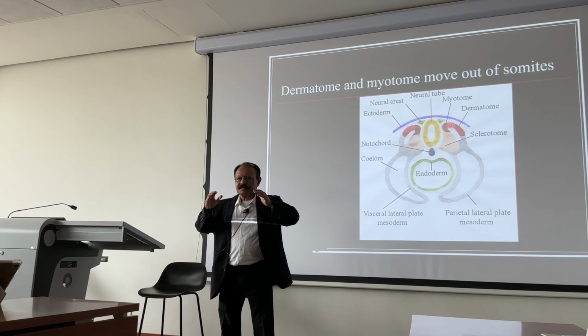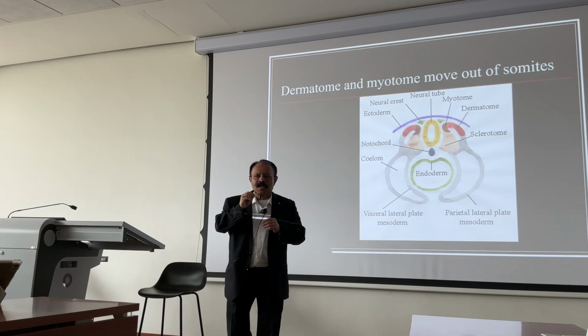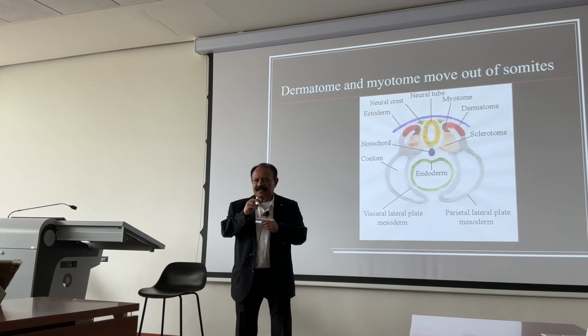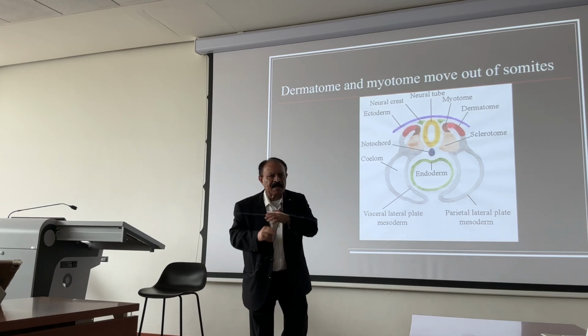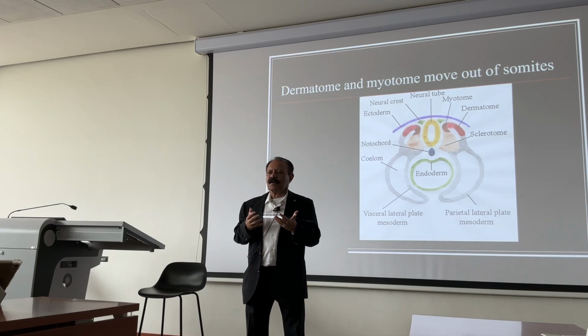Ectoderm. When they hit the ectoderm, there is a little swelling called the apical ectodermal ridge, R-I-D-G-E. Ridge means swelling. This happens at two places, the cervical area and the lumbar area. That's the starting of limb development.